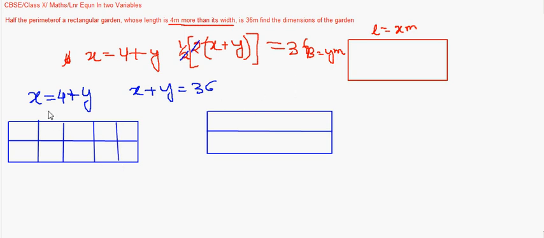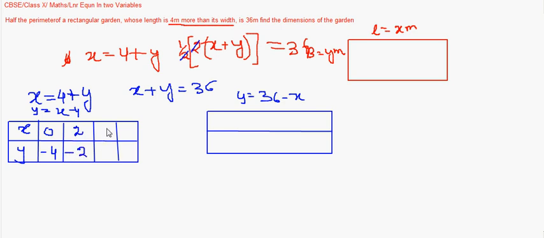So here y is equal to x minus 4, and here y is equal to 36 minus x. For the first one, if I take x as 0, y will be minus 4. If I take 2, it is minus 2.